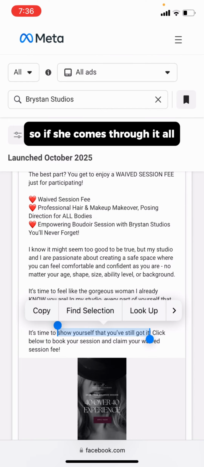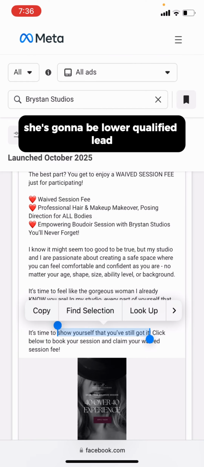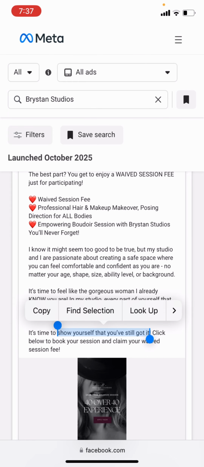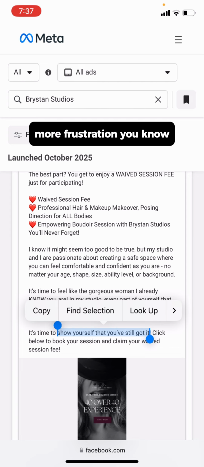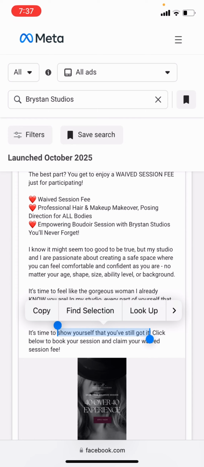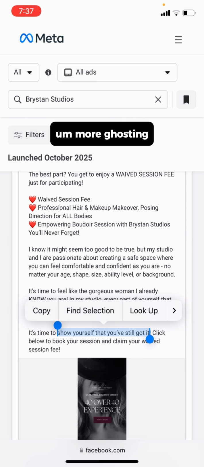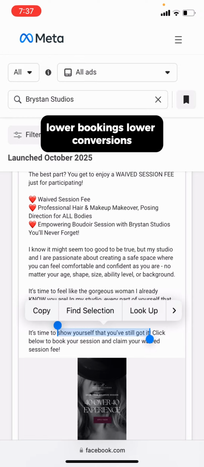So if she comes through it all, she's going to be a lower qualified lead, lower qualified bookings, lower qualified sales calls, more frustration, more price hunting, more price objections, more ghosting, lower sales, lower revenue, lower bookings, lower conversions.